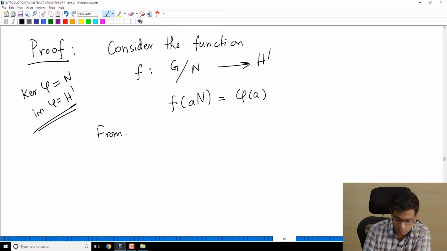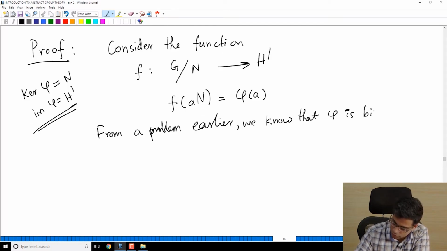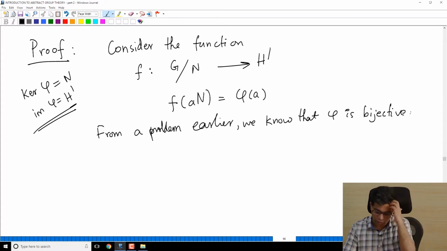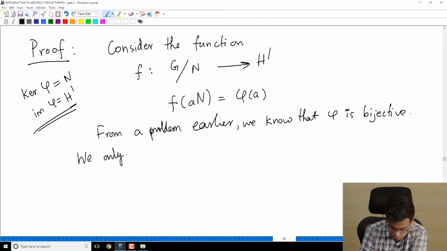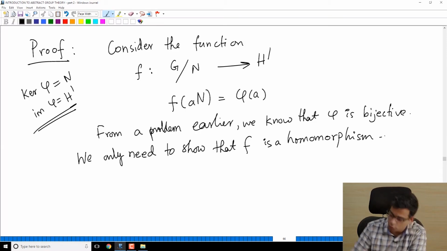From a problem earlier, we know that f is bijective. In that problem we have exactly shown that it's bijective. It is certainly onto, and if two cosets map to the same element, that means those cosets are same. So we only need to now show that f is a homomorphism, because a bijective homomorphism is an isomorphism.